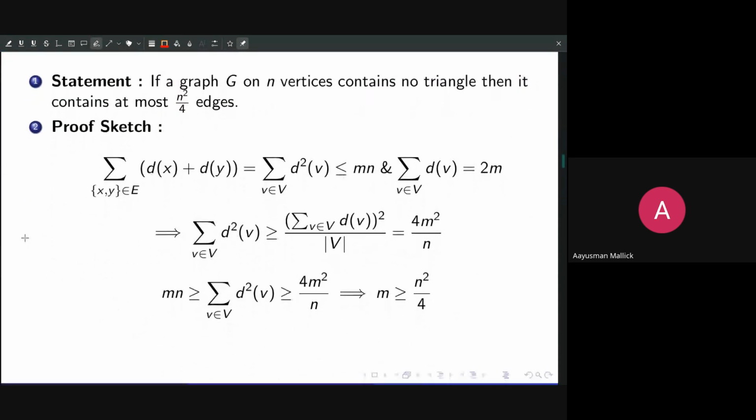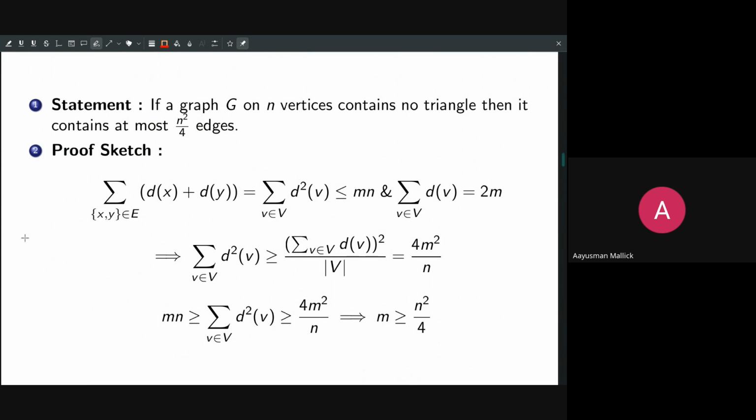Okay, so I have written it in a hurry, so it's all in notation, but let me clarify.